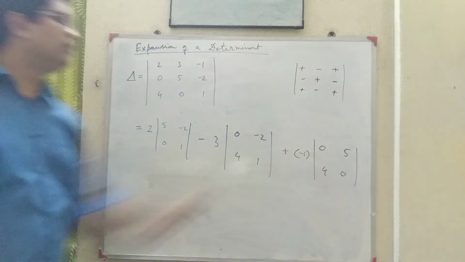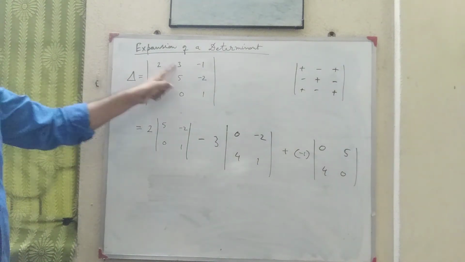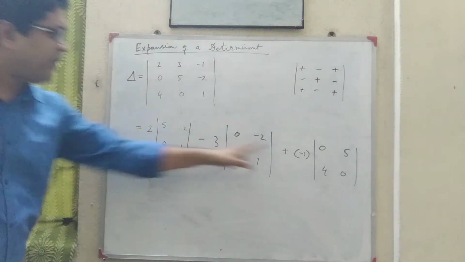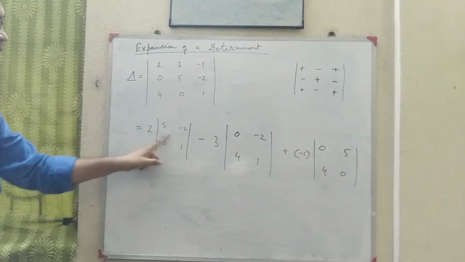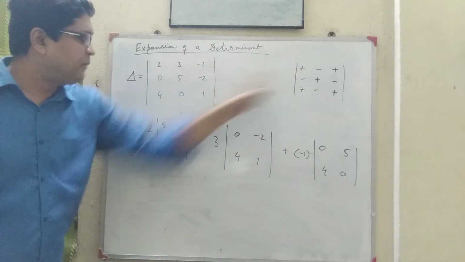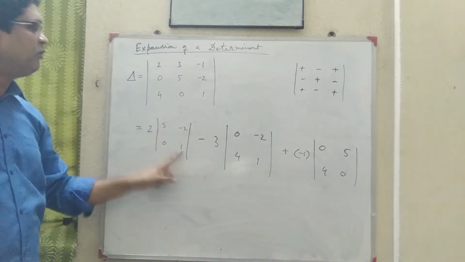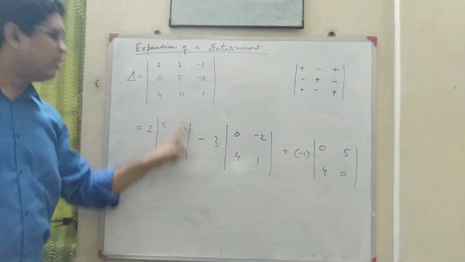Look at the elements 2, 3, minus 1 and the corresponding cofactors multiplied. The cofactor of 2: 2 lies in a position with sign plus, so plus 5, minus 2, 0, 1 is the minor of 2, but with sign plus it is the cofactor.